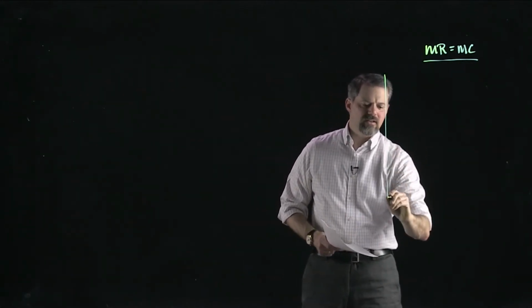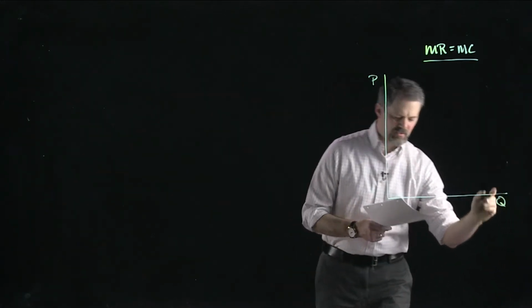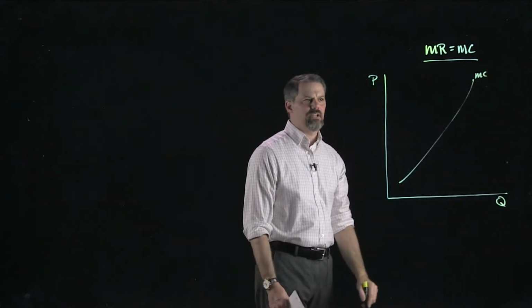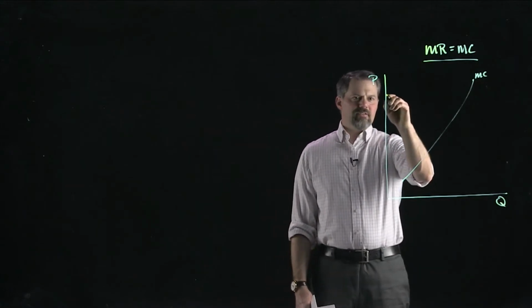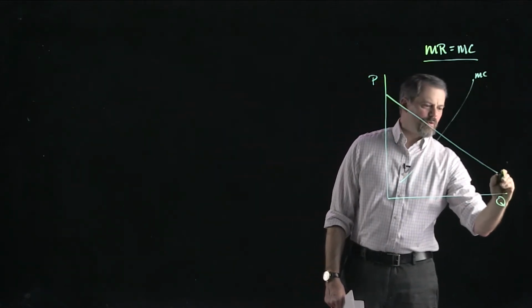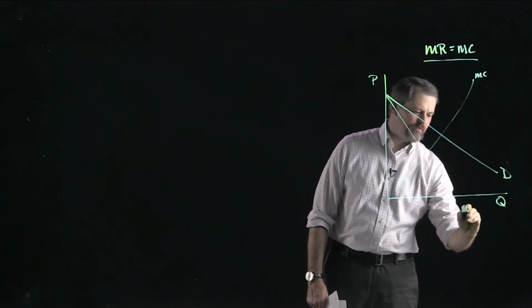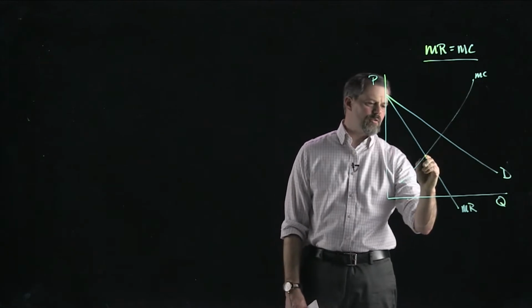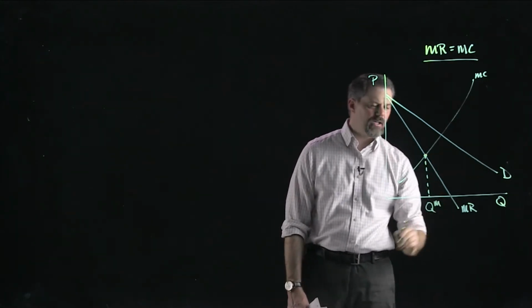So if we look at the cost curves for a monopoly, let's put up here the marginal cost curve. Let's just go with that one for now. We don't need an average total cost. Let's put the demand curve that the firm faces. There's the downward sloping demand curve, and now we've got our marginal revenue curve. So the firm is going to look where marginal revenue equals marginal cost, which happens right there. I'm going to call that QM.